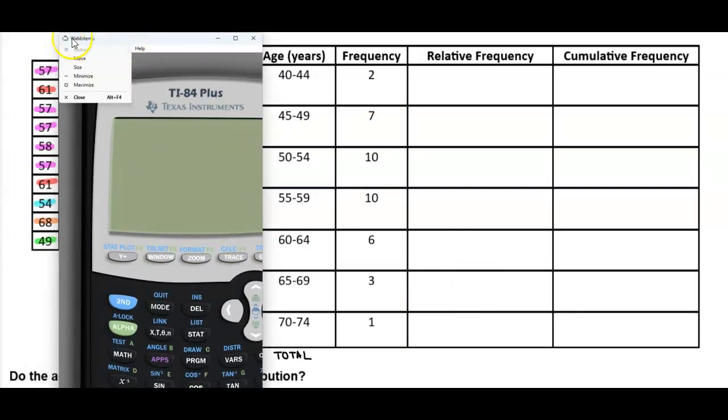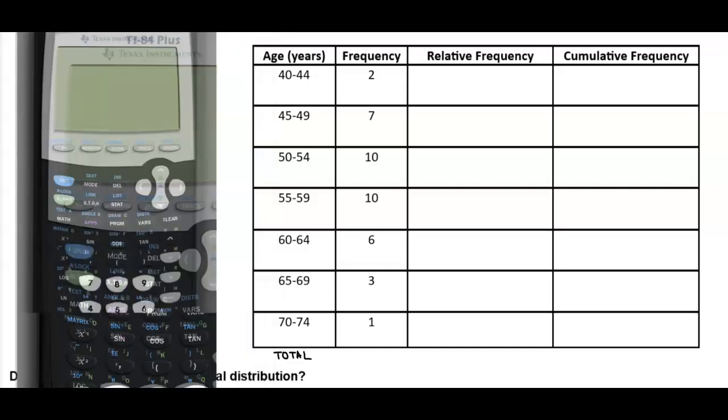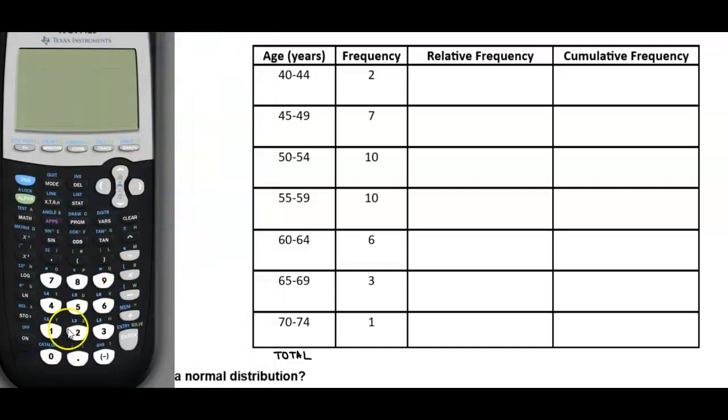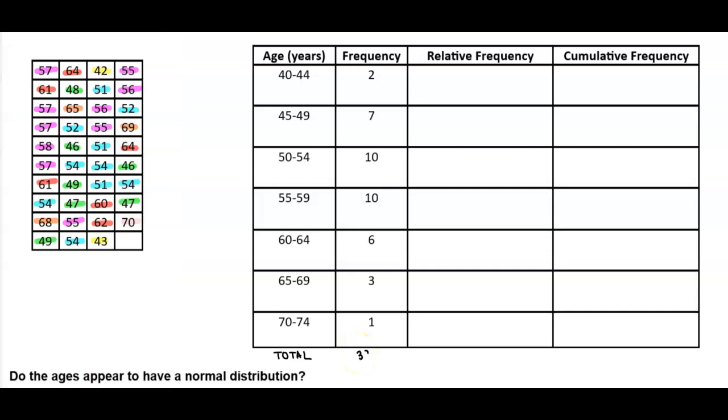We have 2 plus 7 plus 10 plus 10 plus 6 plus 3 and then plus 1, which is equal to 39. So the total is going to equal 39.